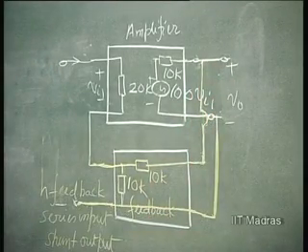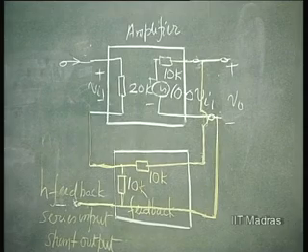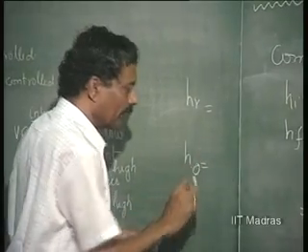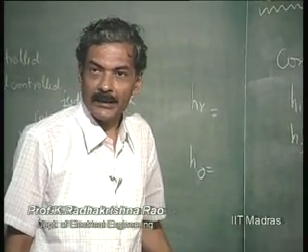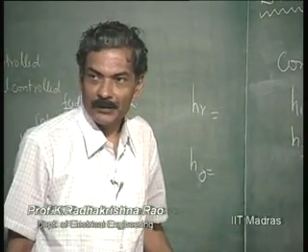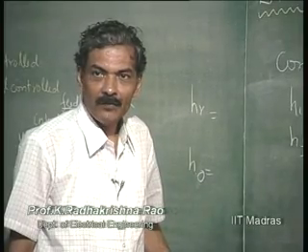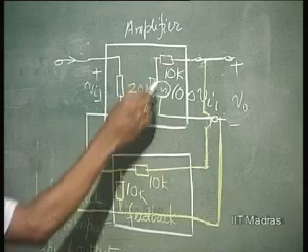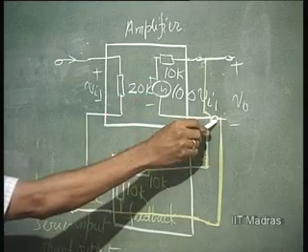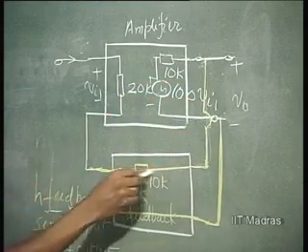what is therefore HO? H naught is the output conductance with input open. What is output conductance? V naught by I naught. So, that is nothing but you have 10 K here, and this is open.